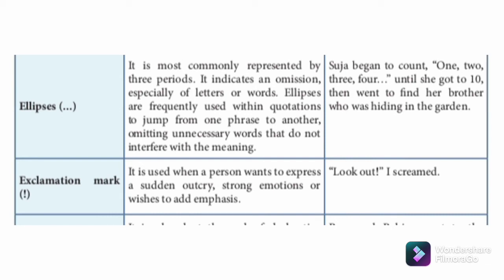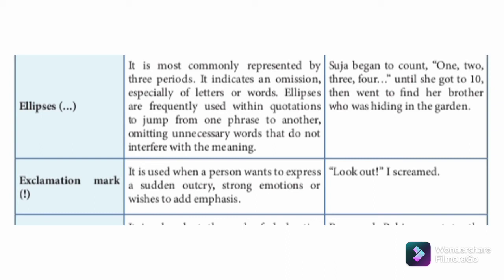Suja began to count 1, 2, 3, 4, and there is a symbol of ellipsis, dot dot dot, until she got 10. Then went to find her brother who was hiding in the garden. So here, in order to omit the words, we use ellipsis. Exclamation mark. The symbol is an inverted lowercase i.